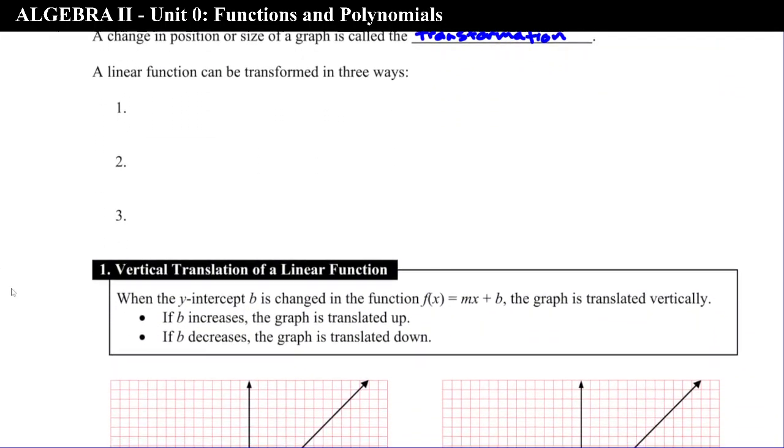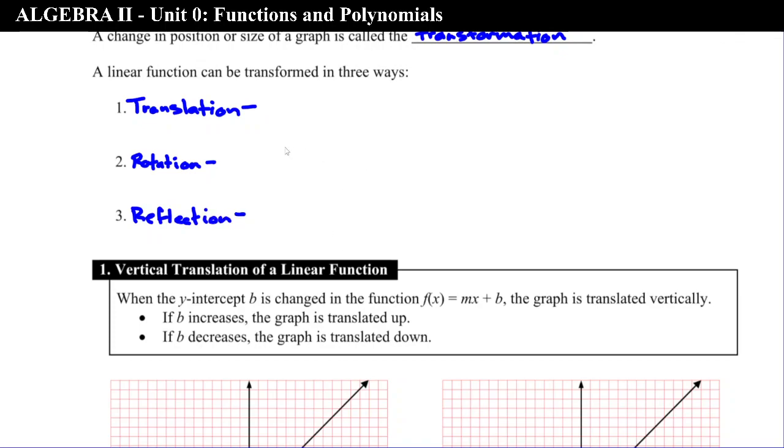It can be transformed in one of three ways. The first of which is a translation. So it sounds a little like transformation, but it's a little bit different word. It's translation. You can also have rotation. And you can also have reflection. So let's talk about what each of these three mean.